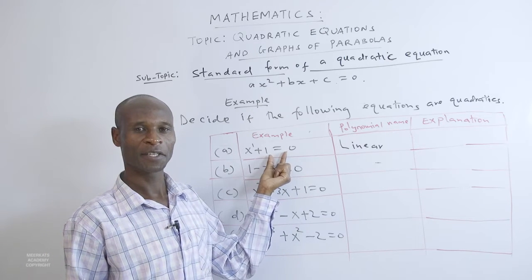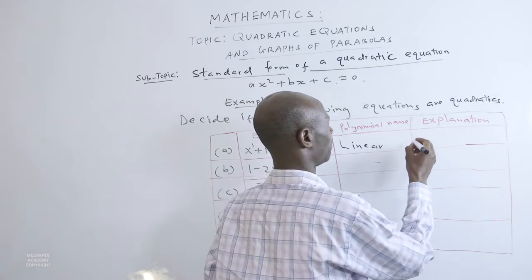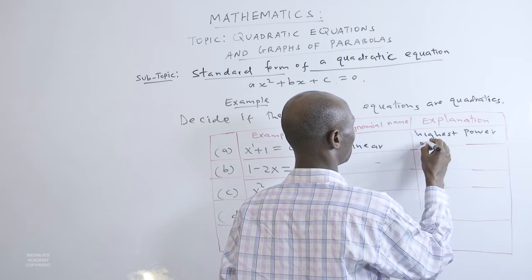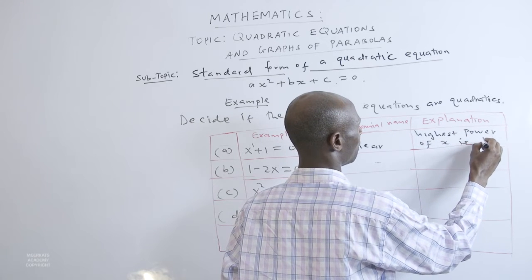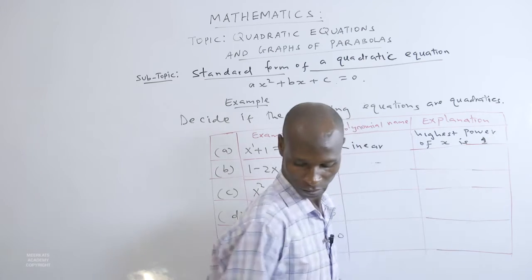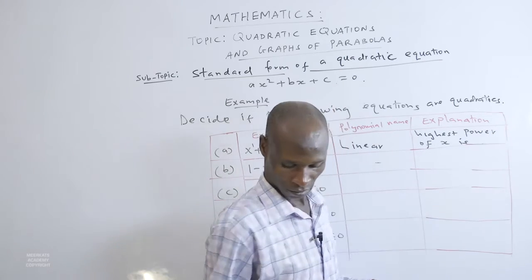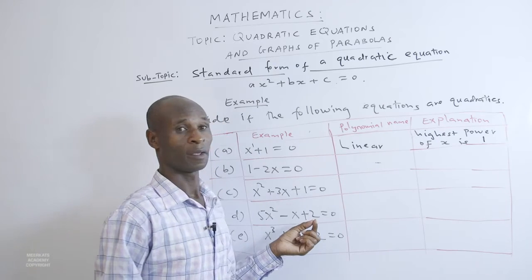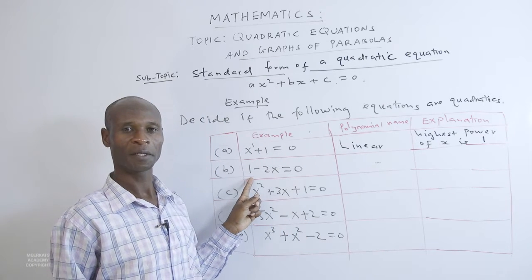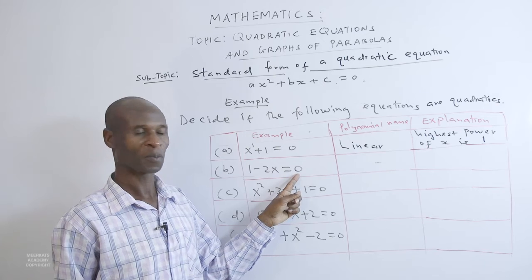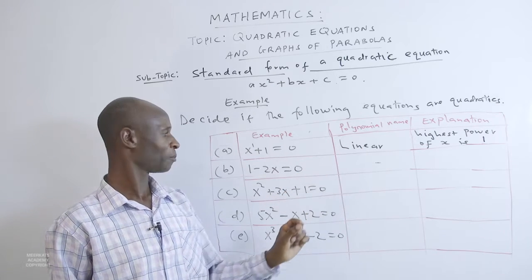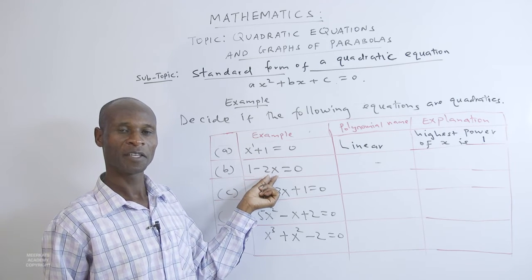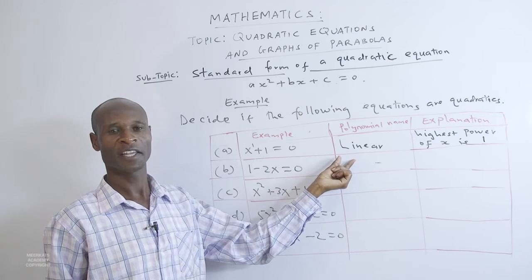The explanation is the highest power of x is 1. In the second case, part B, 1 minus 2x is equal to 0, what will be the polynomial name? In this case, the highest power of x is again 1, and therefore it's linear.